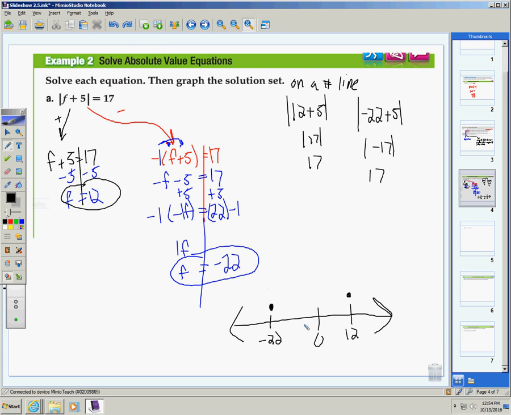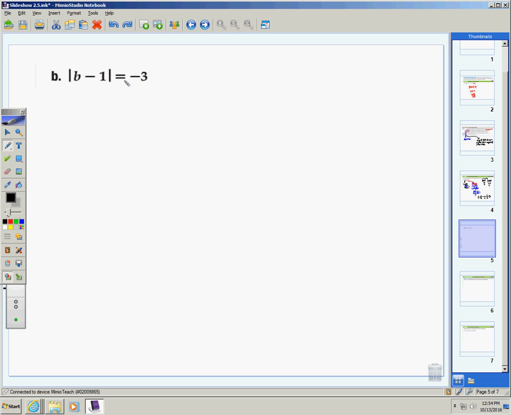Now looking at this one, we've got my two cases, positive and negative. My positive case, just drop the bars: b minus 1 equals negative 3. Negative case, switch the bars to parentheses and put a negative sign in front. Now I'm going to solve my two equations. On the left, I just add 1 and I get b equals negative 2. On the right, I've got to distribute this negative sign, which is like distributing negative 1.